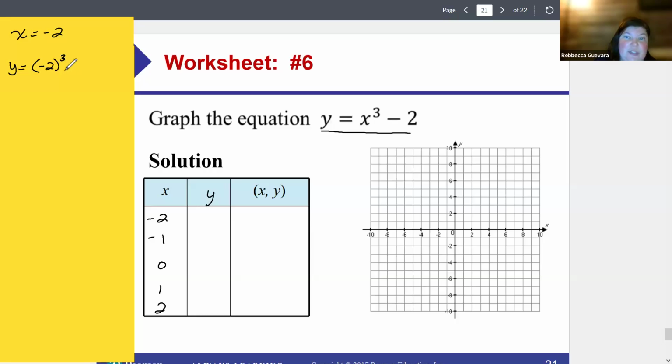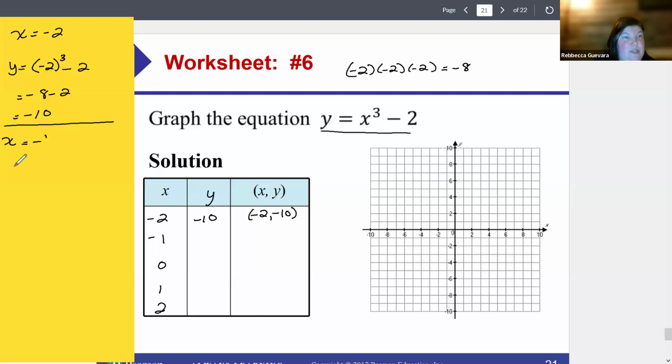So we're replacing that x with a -2. -2 times -2 times -2 is going to be -8. So this is -8 minus 2, or -10. So -2, -10.